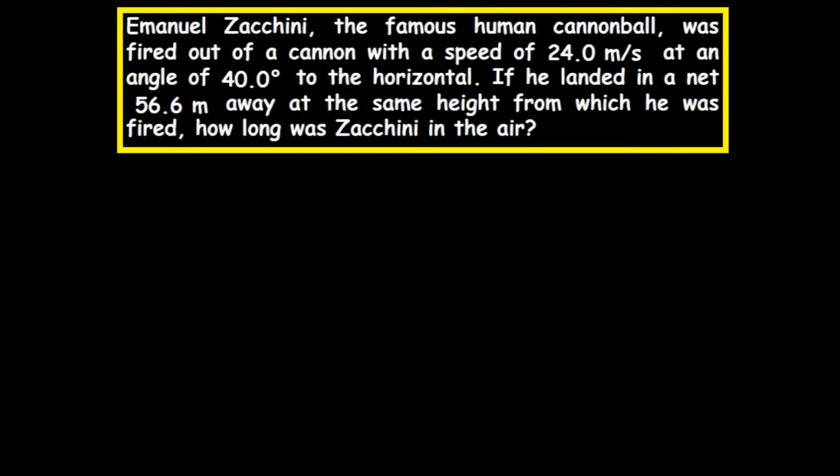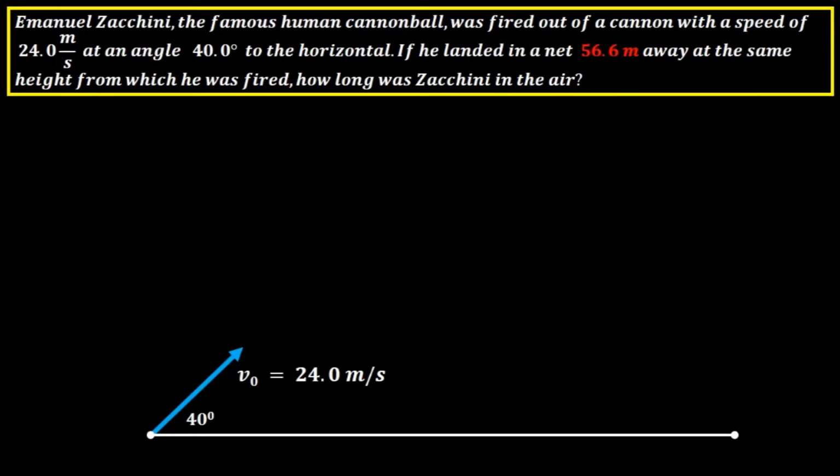Emanuele Zucchini, the famous human cannonball, was fired out of a cannon with a speed of 24 meters per second at an angle of 40 degrees to the horizontal. If he landed in a net 56.6 meters away at the same height from which he was fired, how long was Zucchini in the air?